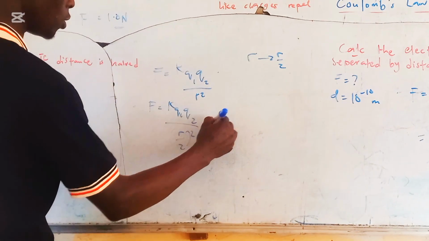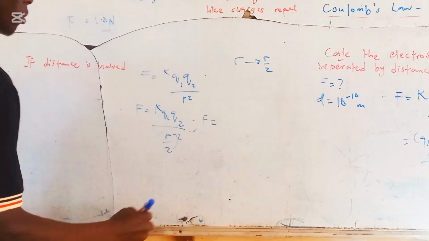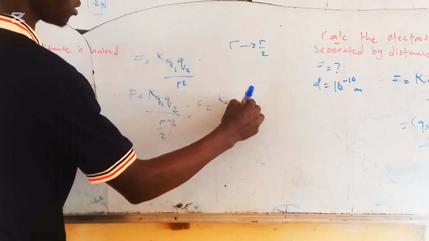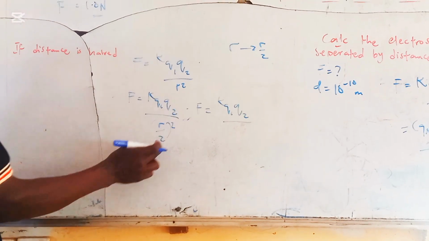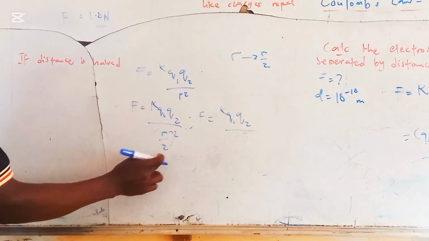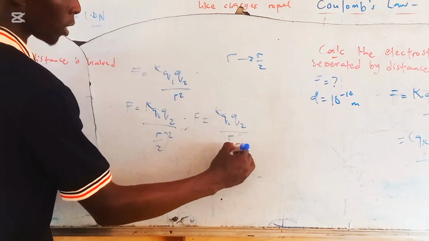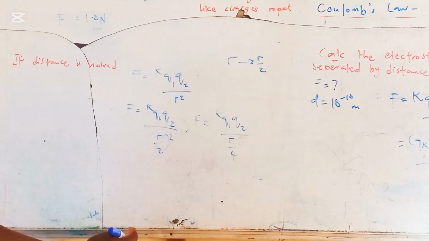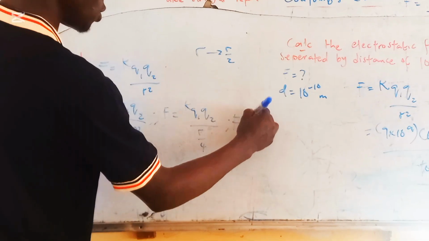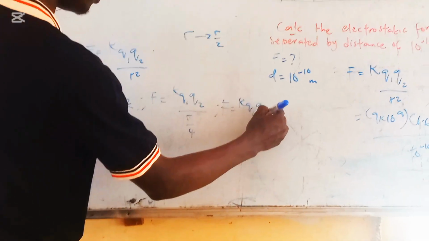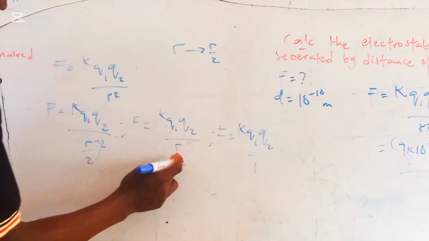So from here you have F equals kq1q2 over r squared over 4, since the square goes to both r and 2. So now we can bring this outside and we have F equals kq1q2 over 1, then this can come here.